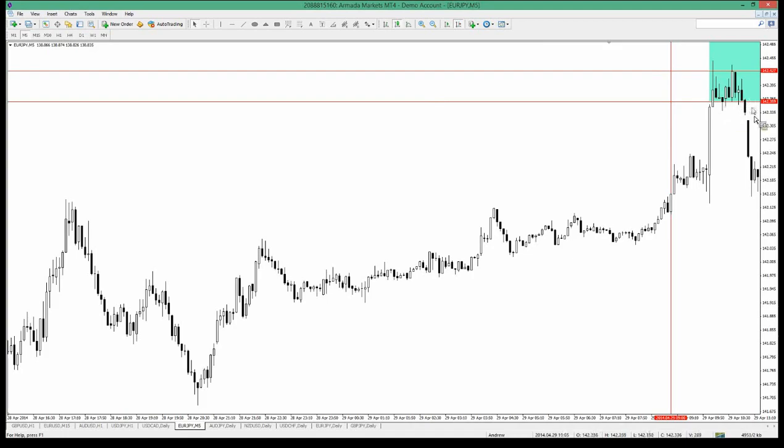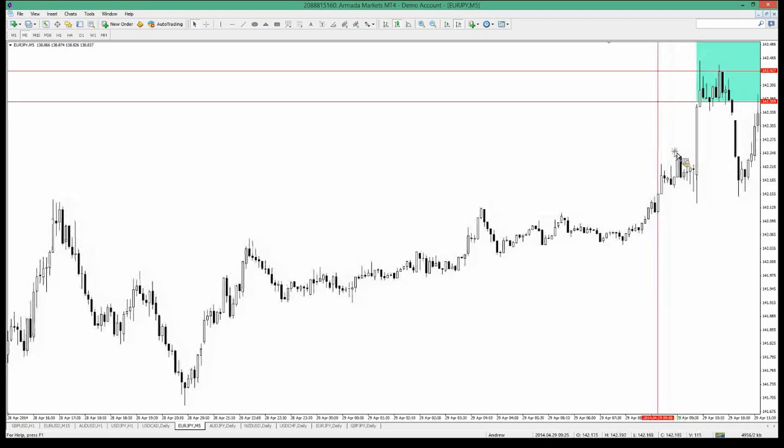Then price breaks away, and in terms of looking to enter, I can then look at getting in here with a limit sell order and a stop loss above the high. So I'm now looking at risk of maybe 10, 11 pips, somewhere around there.